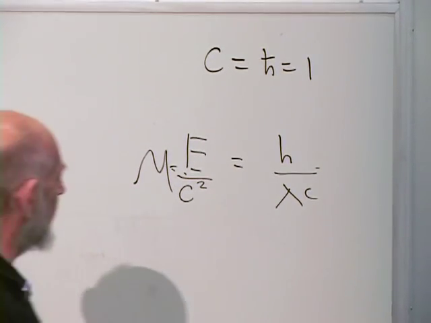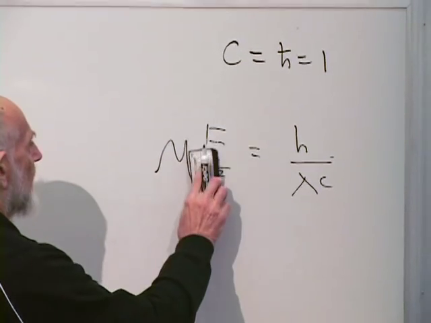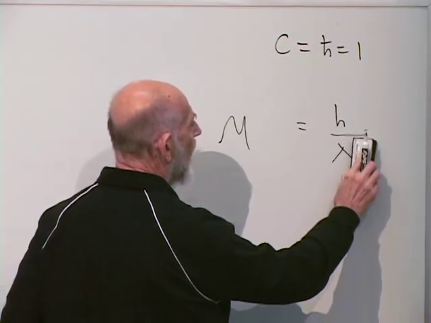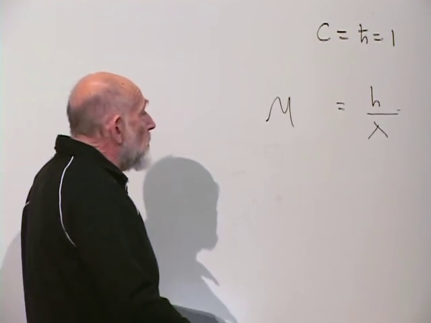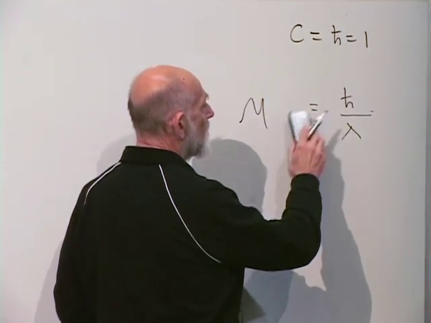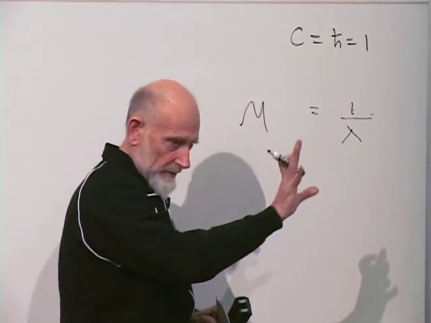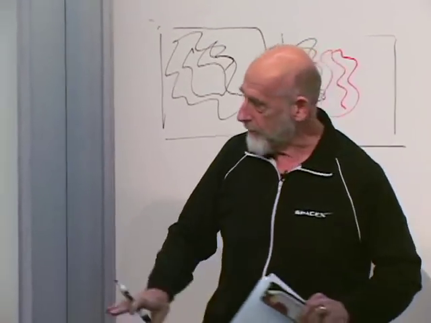So the only point of this was to say the units of mass, when we set c equal to 1, are the same as the units of Planck's constant over length. But if we also set Planck's constant equal to 1, then the units of mass are 1 over length. So keep that in mind. Mass is 1 over length in units, unit-wise. Okay?